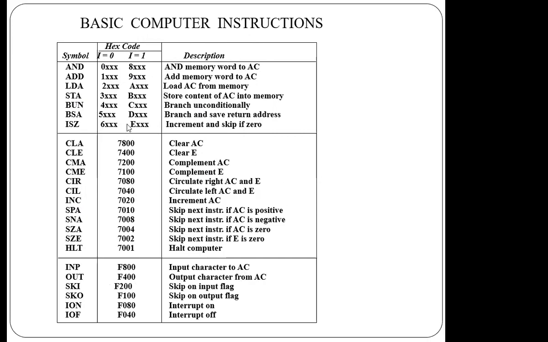So let me explain to you how this XXX0 will be written, right? In the memory reference instruction, the operation code's value is 000 to 110, right?